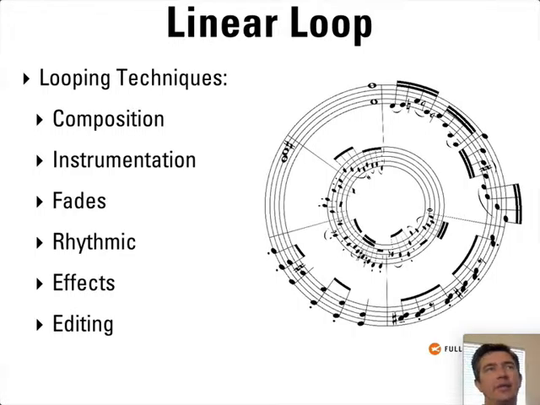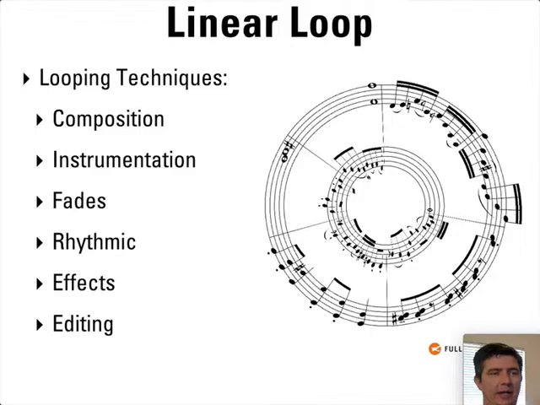This can be done through your choice of instrumentation. Things that have long sustains, and instrumentation in the lower registers, like choirs and basses, and big droney pads, are a bit harder to loop because they have a lot of energy in them, and they have a very constant tone that can be really obvious when it loops around and starts over again.